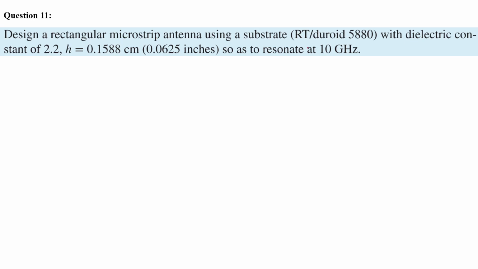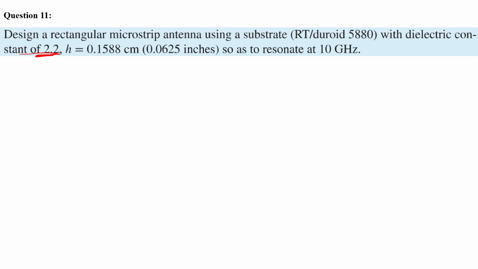It will help to reduce the antenna size significantly. If you have a substrate whose dielectric constant is, let's say, 90 or 100, that antenna will be considerably smaller than this antenna which has a substrate of RT Duroid 5880, and the height of the substrate is 0.1588 centimeter, and it has to resonate at 10 gigahertz.